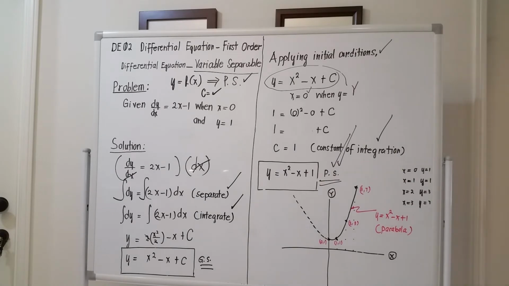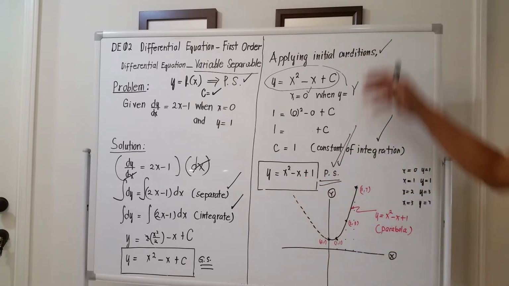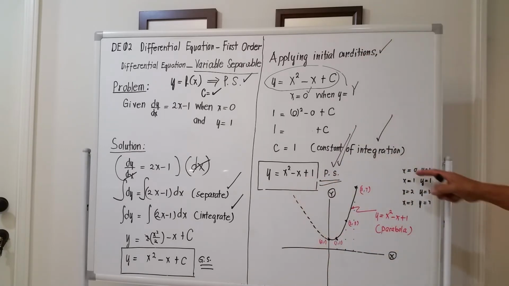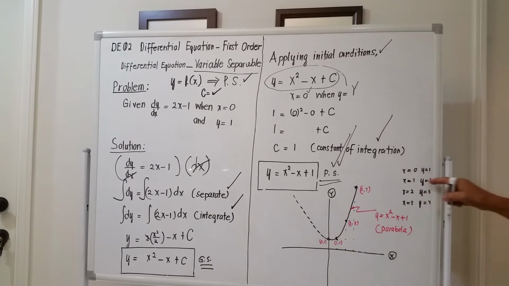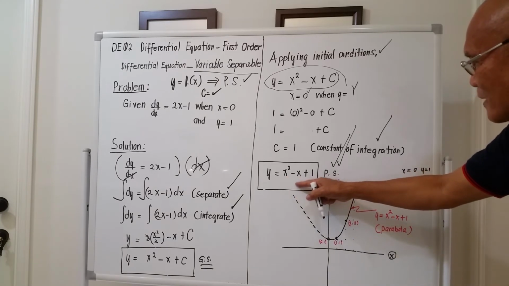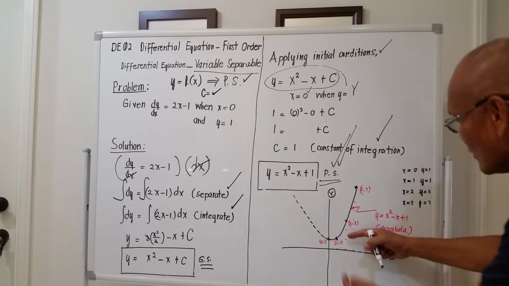So I think it's a must that we should visualize our answer. How could we visualize our answer? Actually, our answer is an equation of a parabola that opens upward. Okay? When x is 0, y is 1. It is this. When x is 1, this is 1 minus 1 plus 1, y is 1.